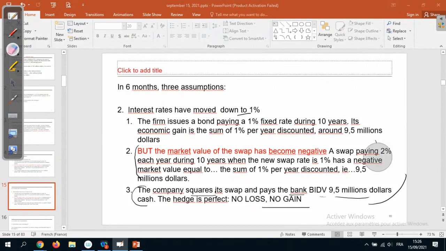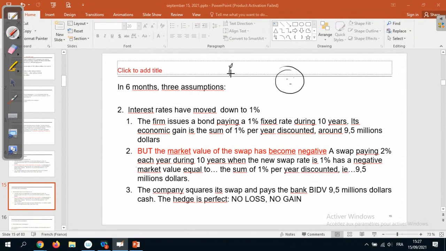Okay, imagine now interest rate moves down to 1%. One of you asked me, if the level of interest rate moves down, you lose money? It was a good question. If interest rate in 6 months has gone down to 1%, the firm issues a bond paying 1% during 10 years. Its economic gain is the sum of 1% per year discounted.